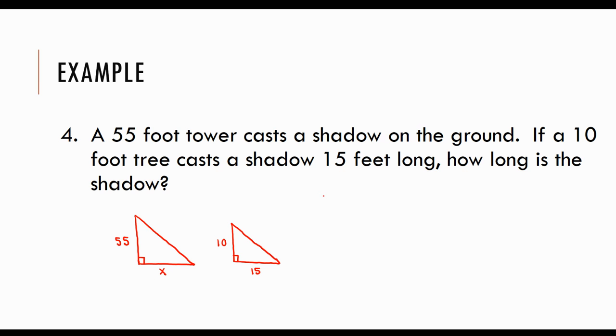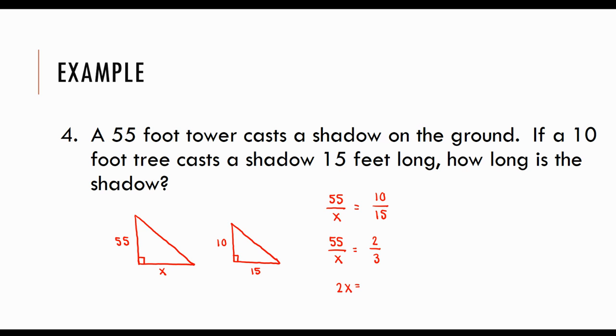And it's talking about the shadow for the tower. So now that I have my sketch, I know how I can stay consistent with my proportion. So I'm going to do height over shadow for the tower, and that's going to equal the height over the shadow for the tree. If you want, we can simplify down the 10 and the 15. They're both divisible by 5, which would reduce that down to 2/3.